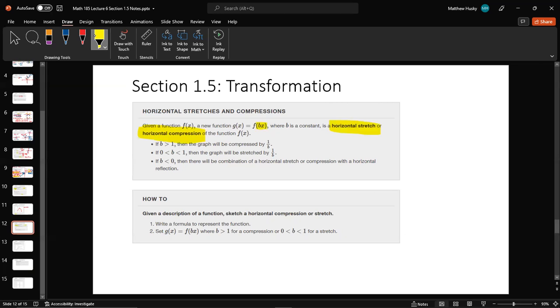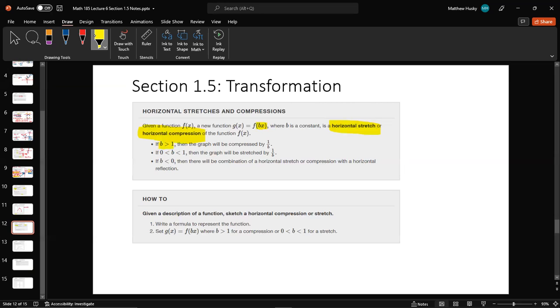Now, just like before, if you're moving left or right, if it's -2, you actually go to the right by 2. You do the opposite of what you would expect. Normally negatives are on the left side, but you actually go to the right when you're inside with the x, because x is always the opposite of what you would expect.